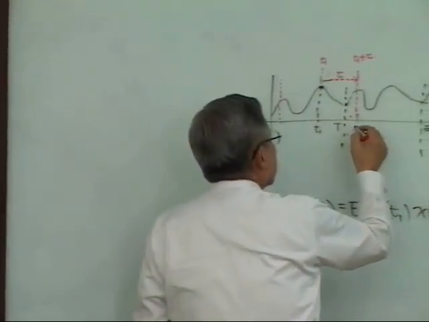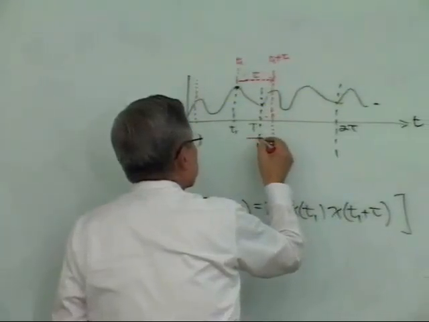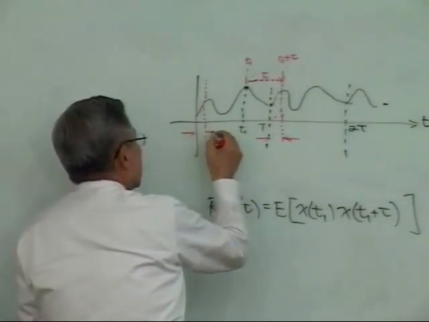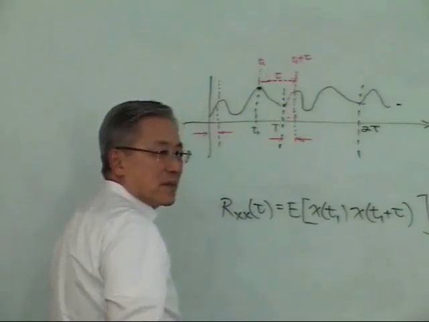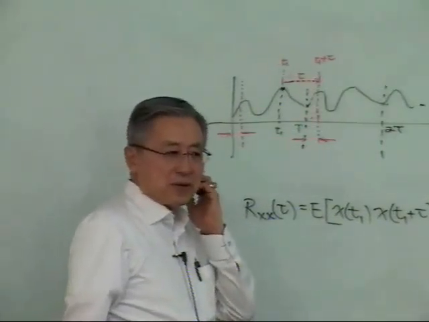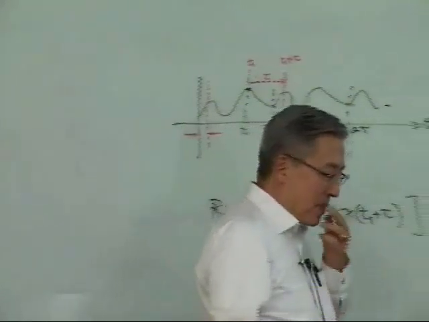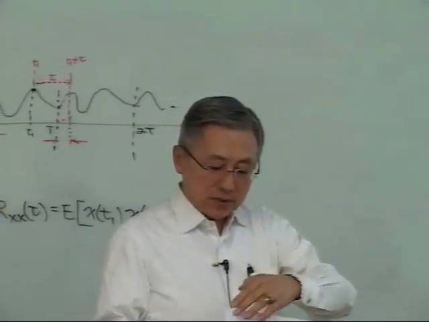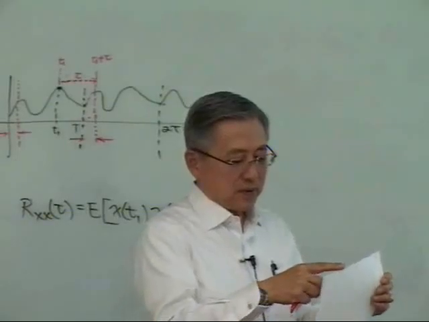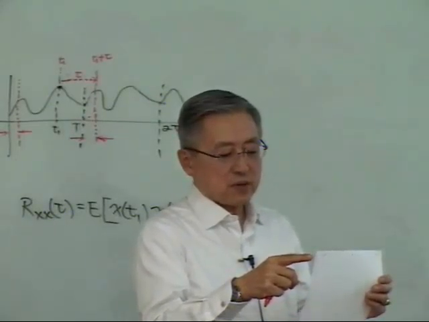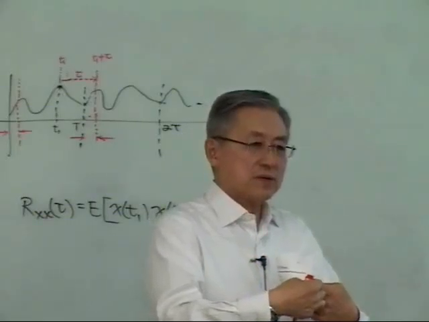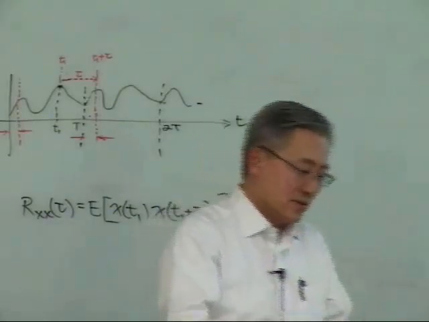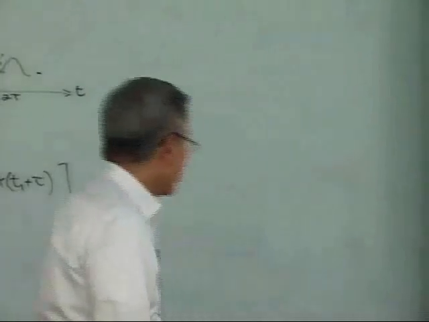So, okay, what's the time length here? This duration is the same as that duration. This is what people call the wrap around error. Wrap around means this is like a 0 to T. So if the data spills out up to here, T1 plus tau, it just goes around here, wraps around.